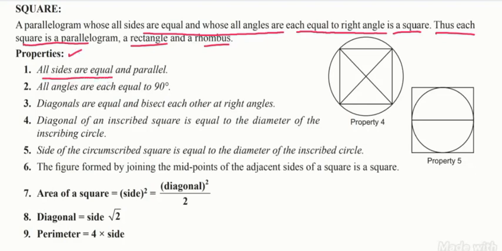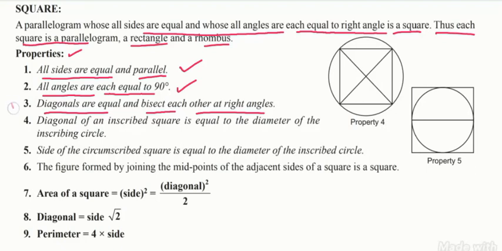Next one, properties. All sides are equal and parallel. Same property. Next one, all angles are each equal to 90 degrees. This is very important. We know in square all angles equal 90 degrees. Diagonals are equal. This is also a very important point. Bisect each other at right angles. This is very important. Okay, in square diagonals bisect at right angles.